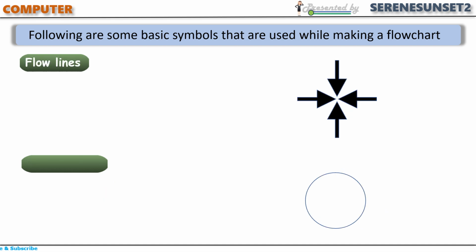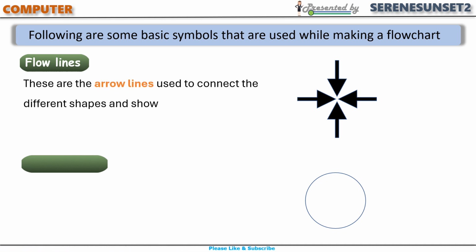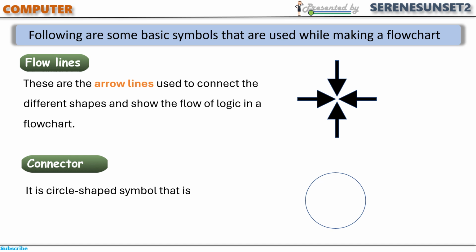Flow lines. These are the arrow lines used to connect the different shapes of the logic in a flowchart. Connector. It is a circle-shaped symbol that is used to join parts of the flowchart.